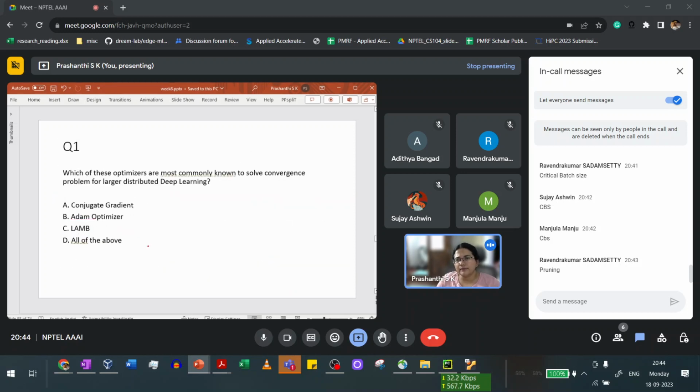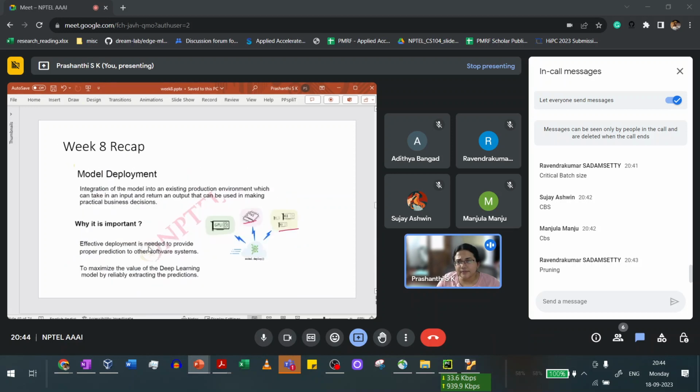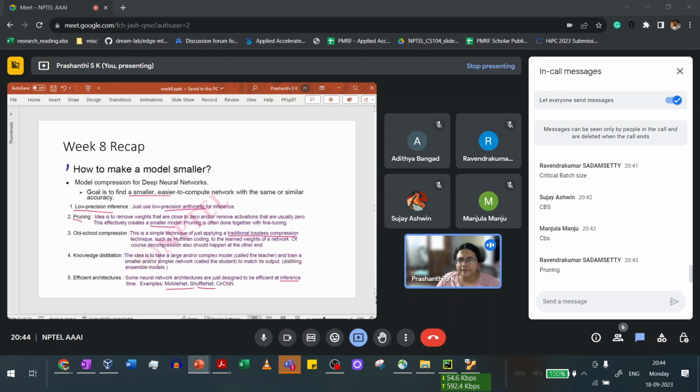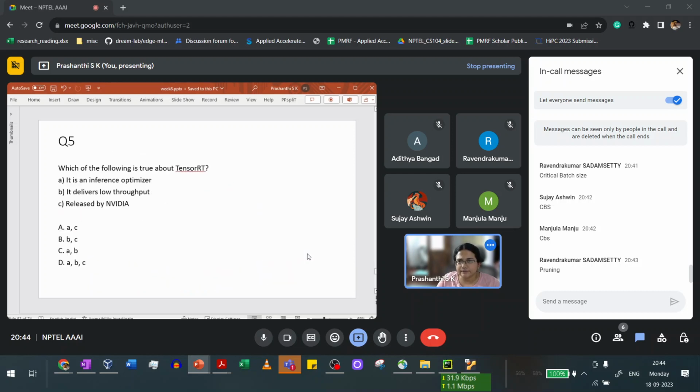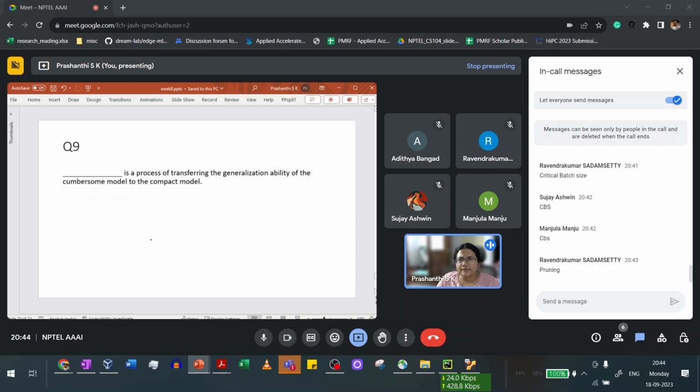Let's go back to that slide. I didn't put it since it was here. But this is the definition of pruning. You remove weights that are close to zero and activations that are zero, and you make the network smaller. So this is what the question is asking you about. Remove redundant or unimportant weights from the DNN. The answer is pruning. Let's move to the next question.